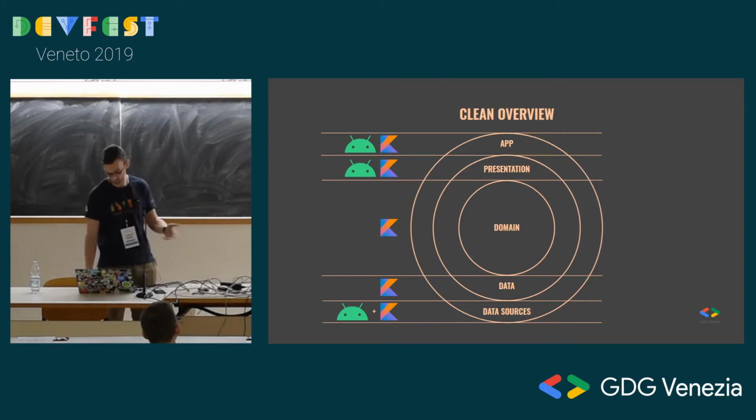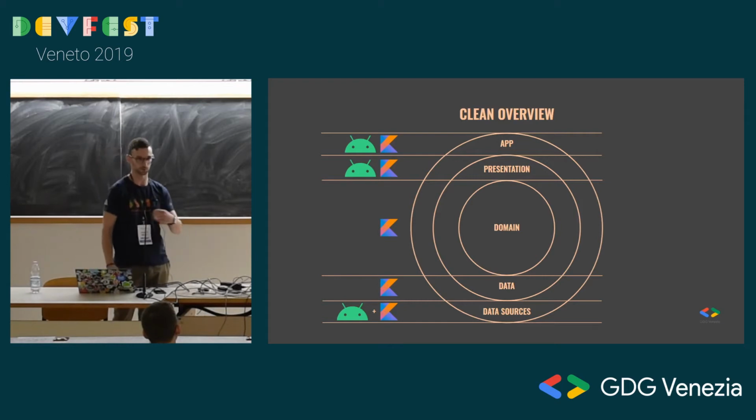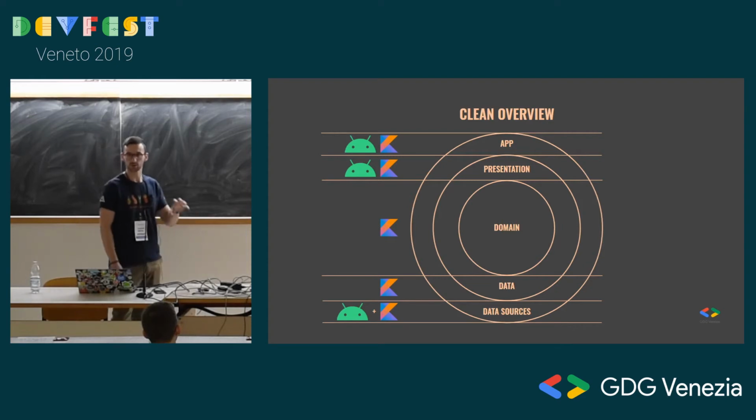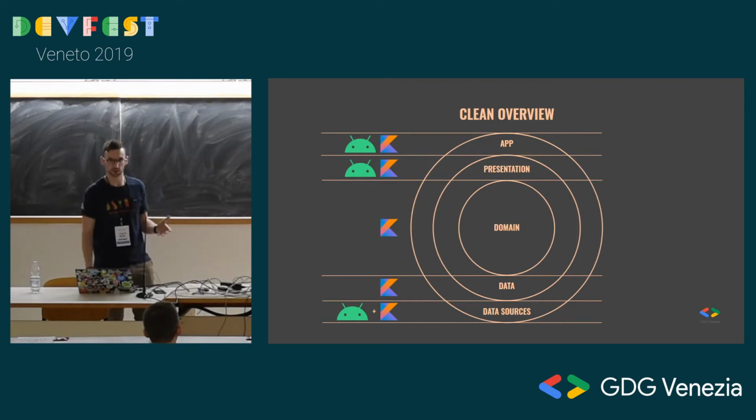I want to mention just Kotlin Multiplatform, or also you can build a backend or a front-end application on web using Kotlin as well. You can literally copy and paste these 2 modules, which are domain and data, which are pure Kotlin at this point, and they are going to work out of the box. All the other layers that you see, app and presentation layers, of course, have to include a dependency on the Android framework in this specific case, because of course we have to make use of the Android framework.